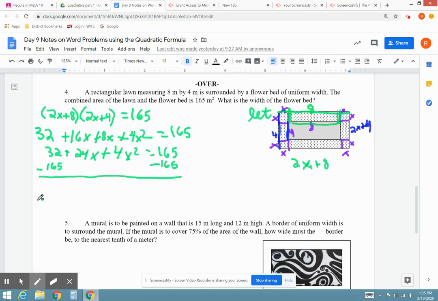Okay, so I got negative 133 plus 24x plus 4x squared equals 0. Okay, so now it's time for the quadratic formula. And we're not gonna do 5.